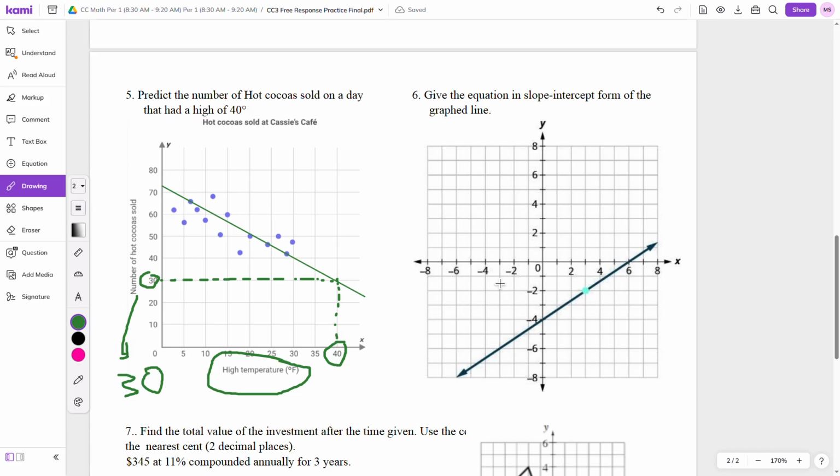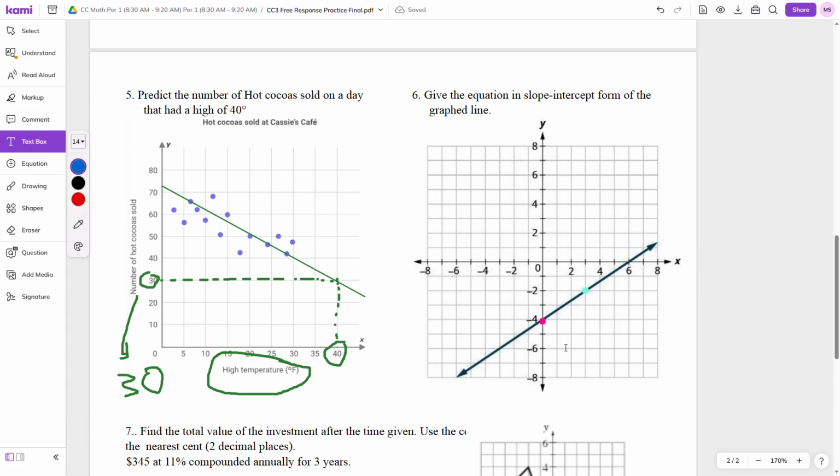Okay, and now, number 6. Why don't you try that? Okay, so you start with the y-intercept, which is -4.